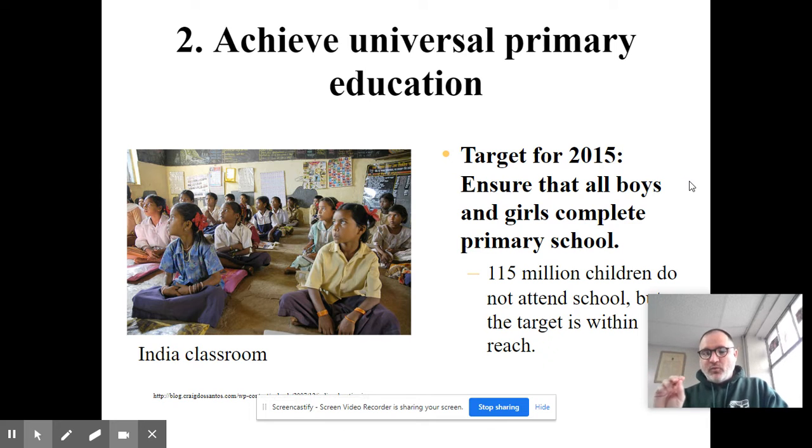So afterwards, the next level of importance after feeding people is goal 2, education. And they want to achieve universal primary education by 2015. Importantly here, all boys and girls need to complete primary school. 115 million children do not attend school, but the target is within reach.